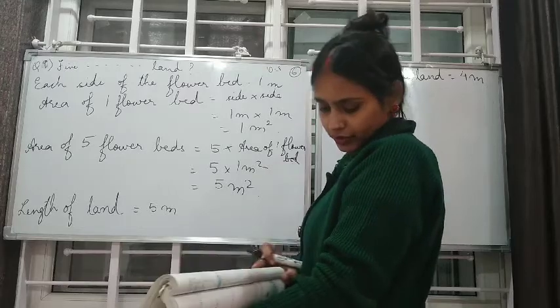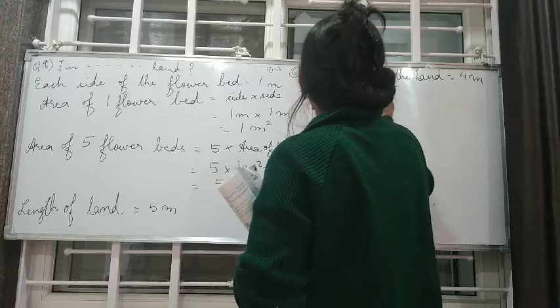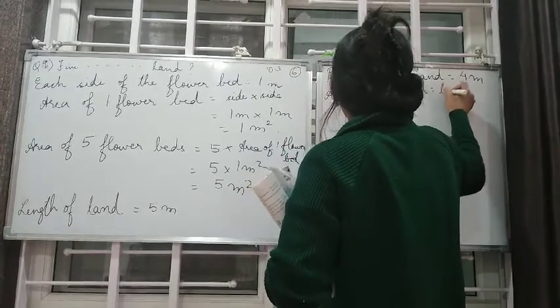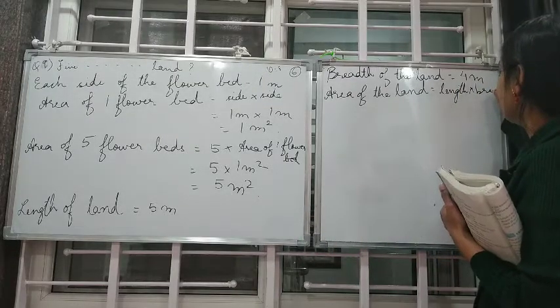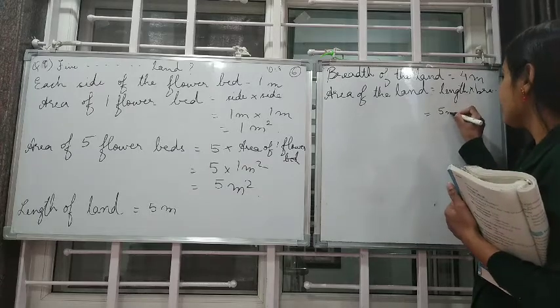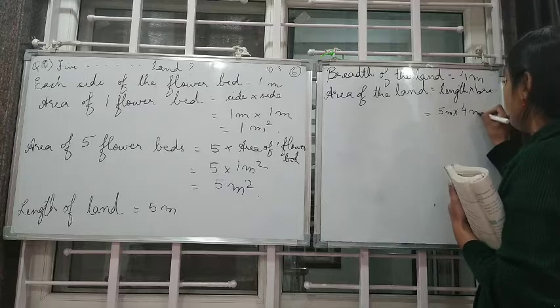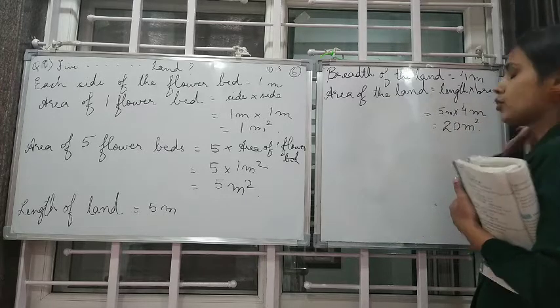Sure, 4 meter? First let me check. Yes. Area of the land. That is length into breadth. Okay, full spelling you will write. Length into breadth, that is 5 meter into 4 meter, which is equal to 20 meter square.